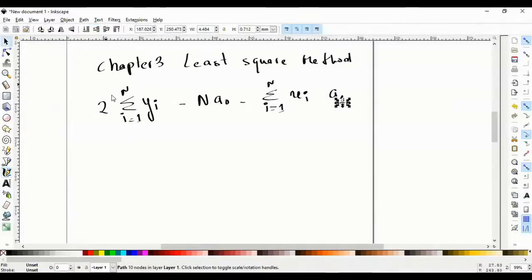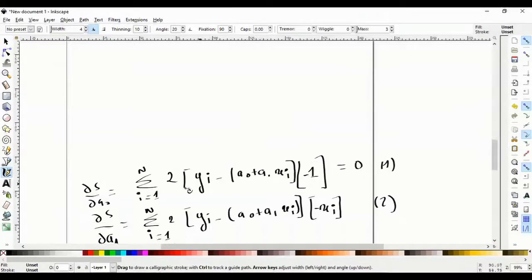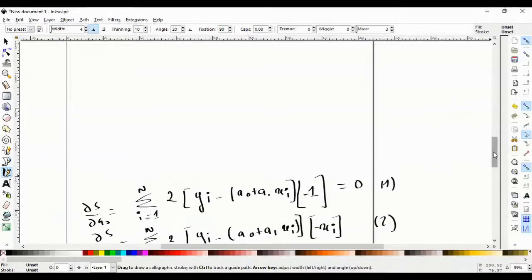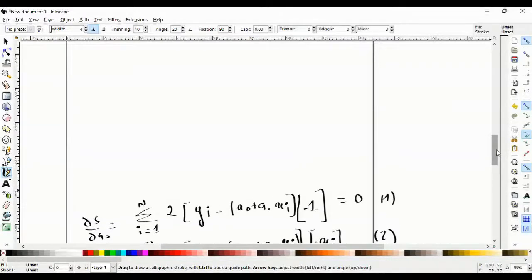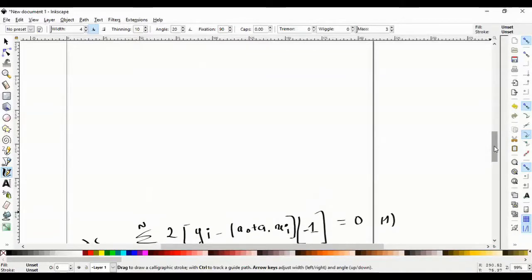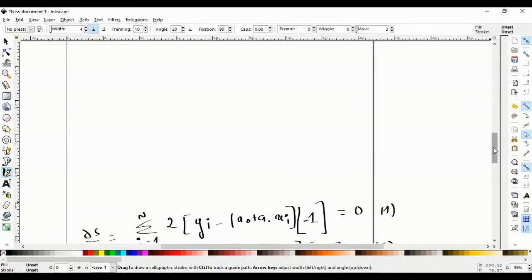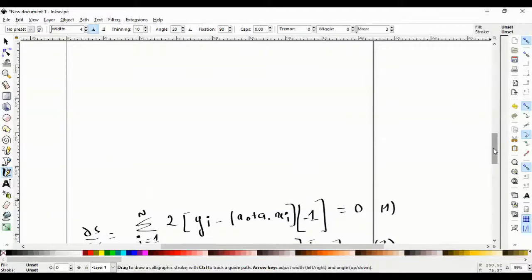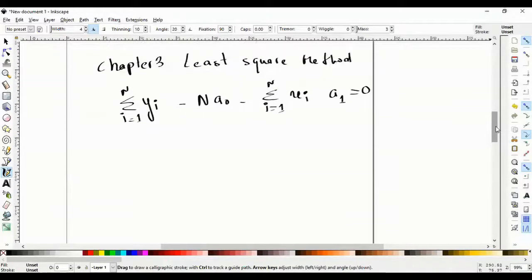This 2 is in front of everything, so I can remove it.